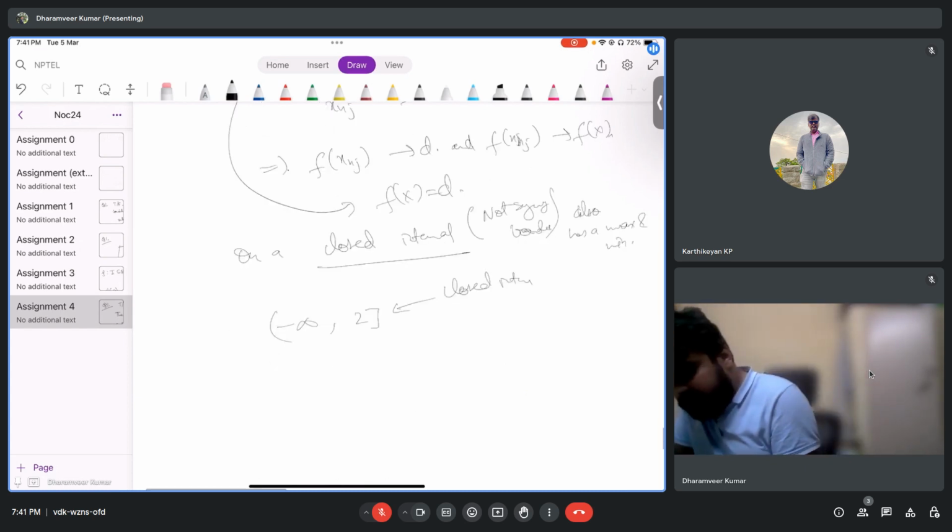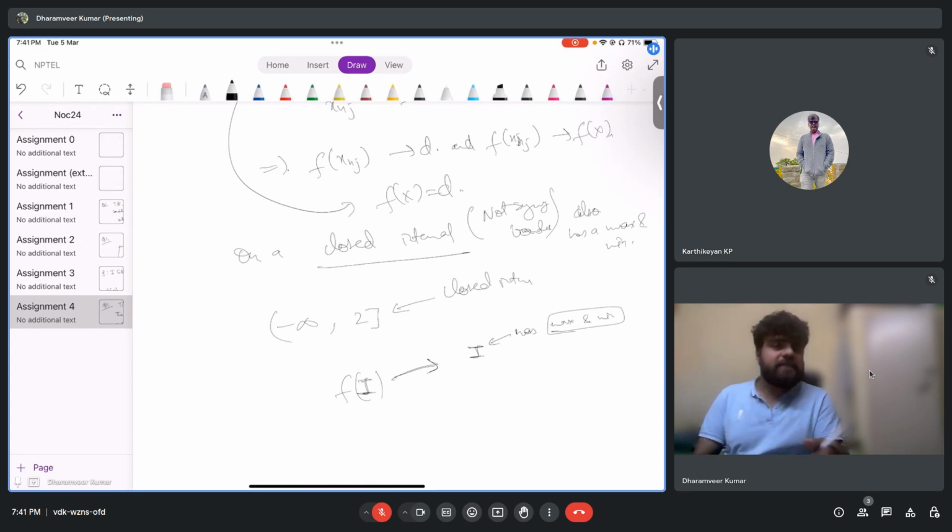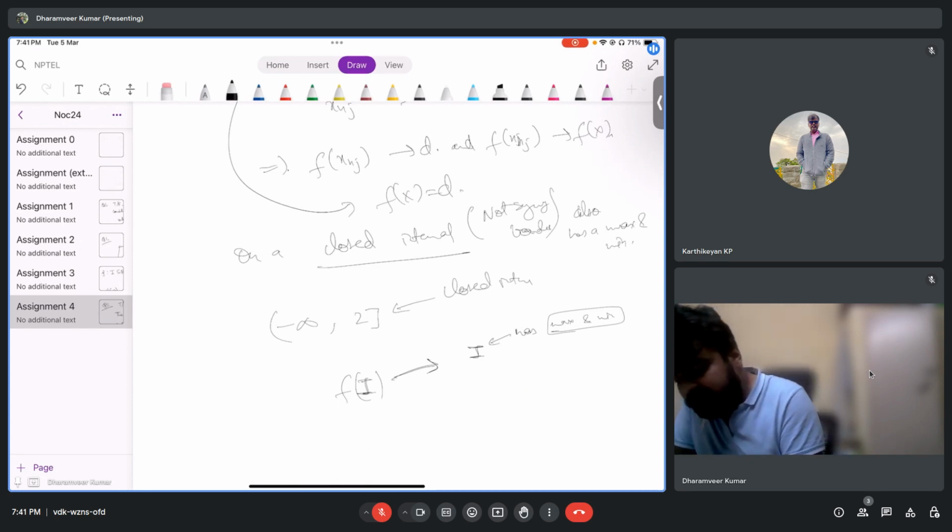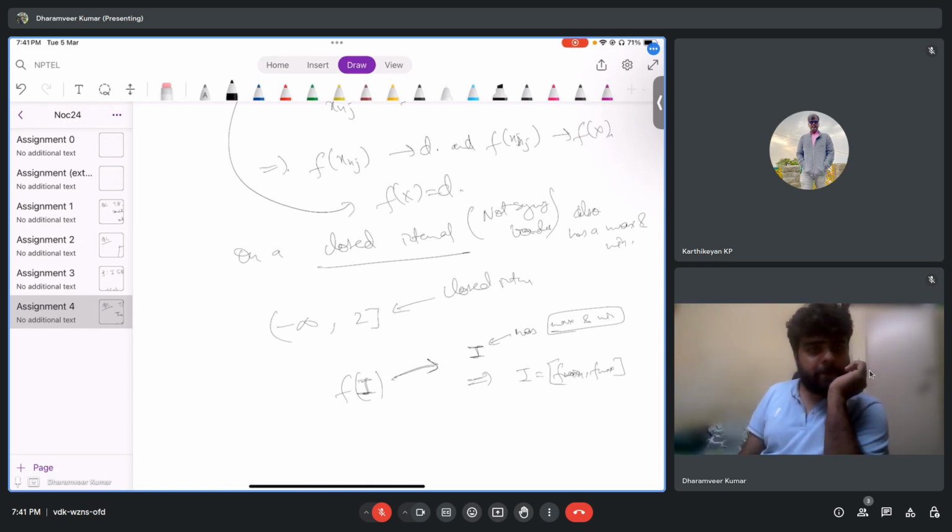So for any closed interval, f of I has a maxima and a minima. So if it's an interval and there is a maximum and a minimum, that implies f of I is f min to f max, and hence it is closed.